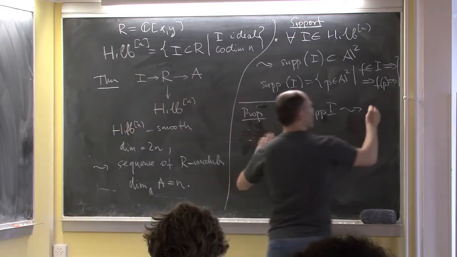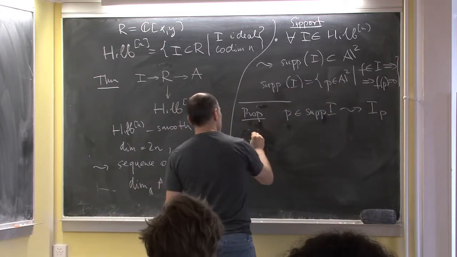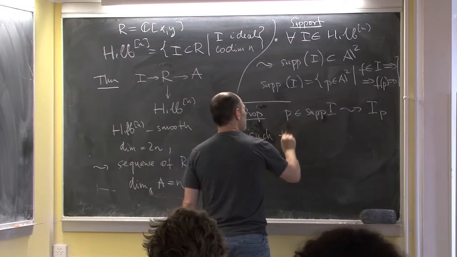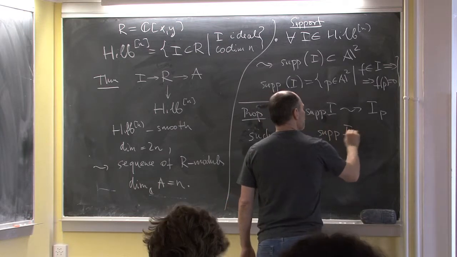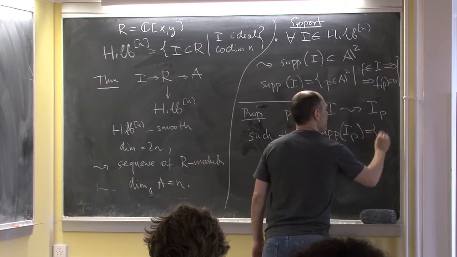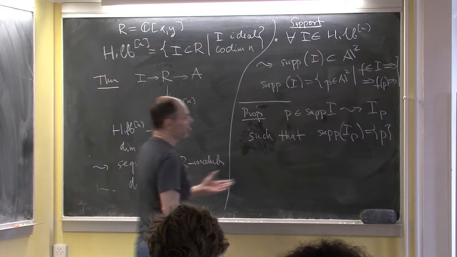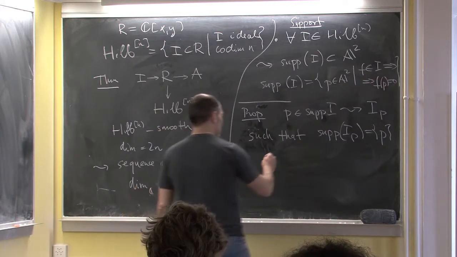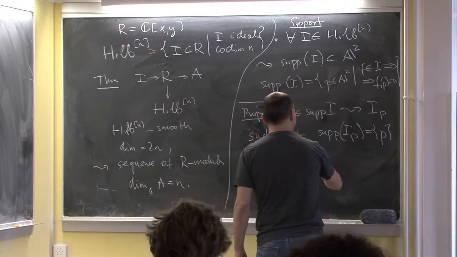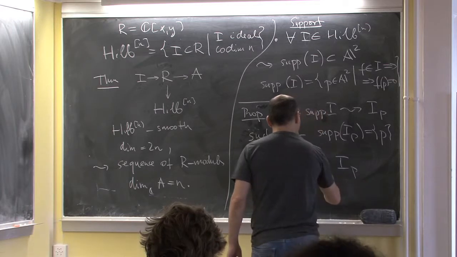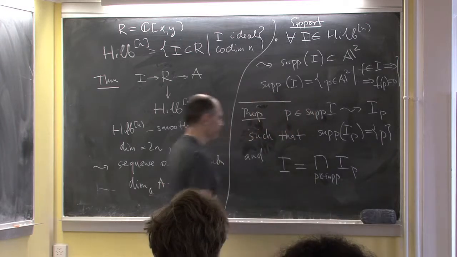This is also another ideal, but such that now the support of IP is just at the point P. It's just supported there. And this is the part of the ideal which is supported at that point. In fact, the ideal will be just the product of all the ideals IP in the support of I.